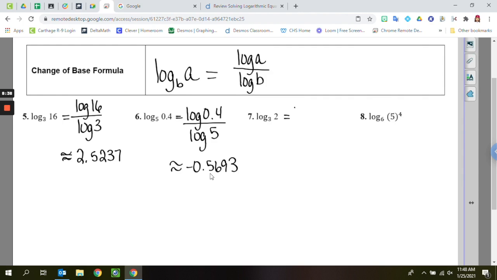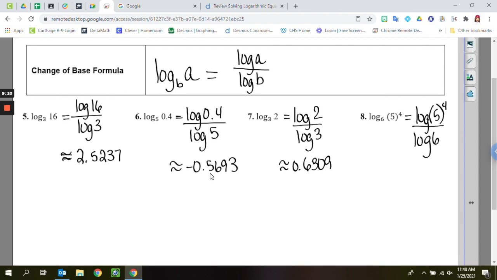Number 7, log of 2 over log of 3. Couple ways we can write the common logarithm in your calculator.